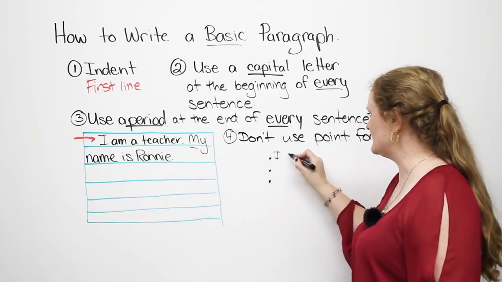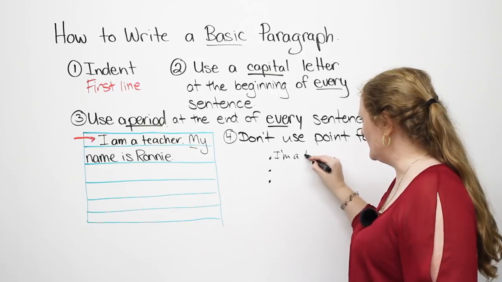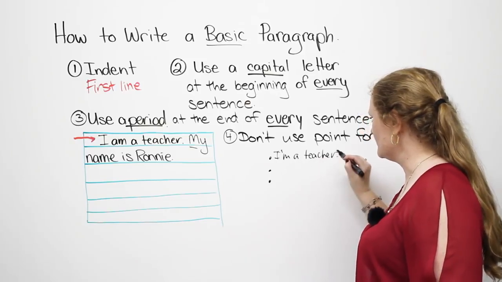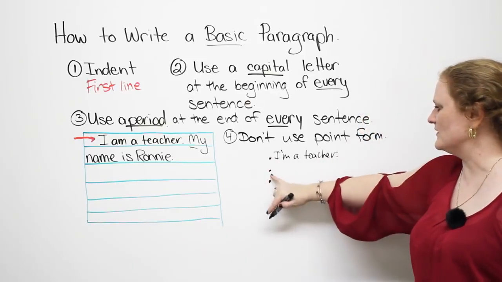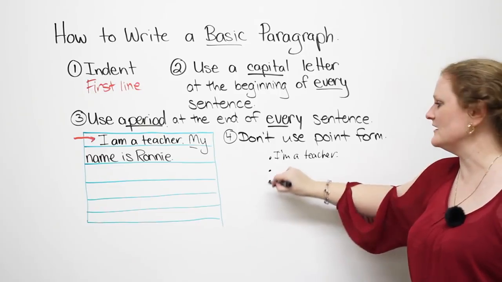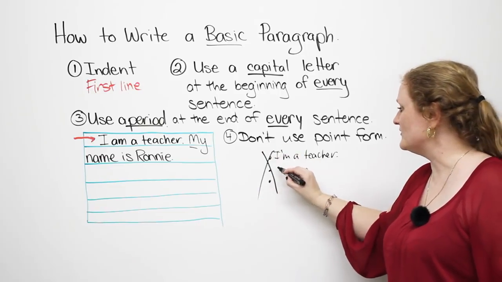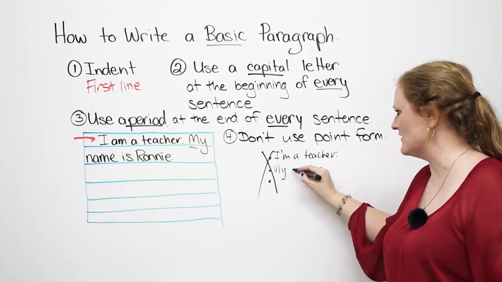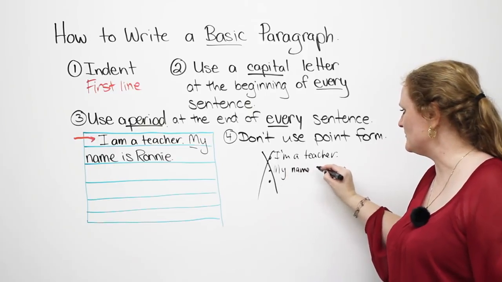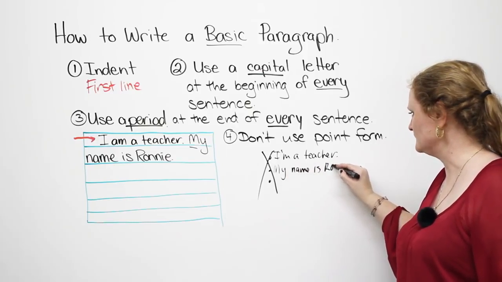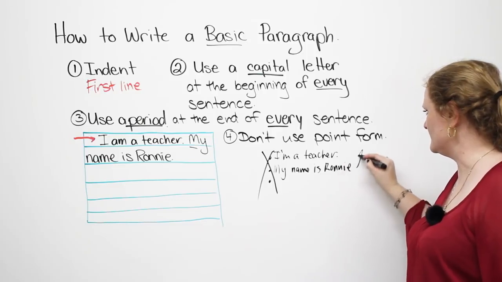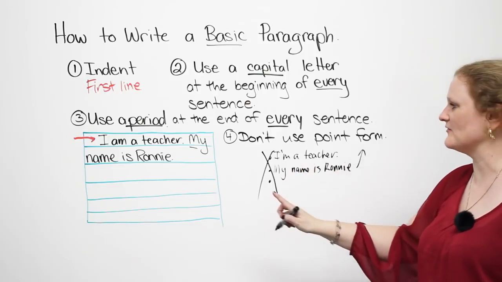So if I was to write this, I'm a teacher, then I would put my next sentence here. This is not how to make a paragraph. This is point form. Ding, ding, ding, ding. So this is bad for paragraph.